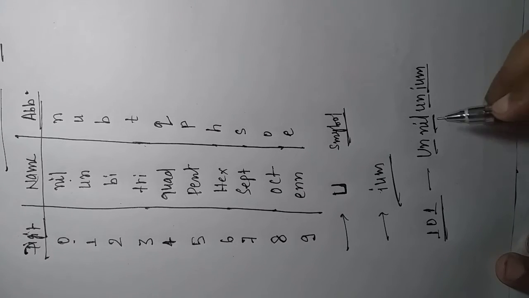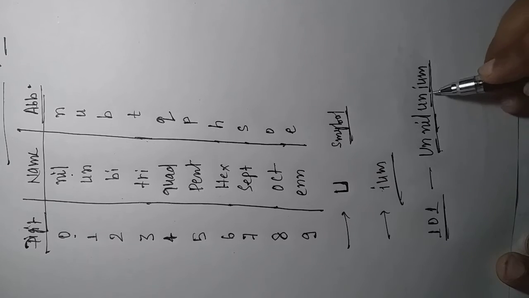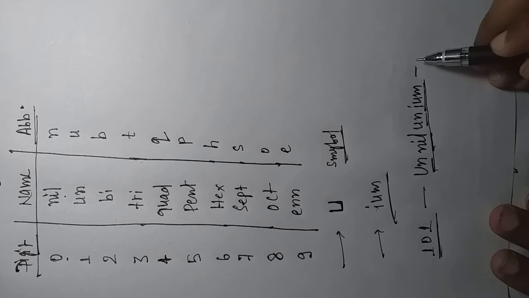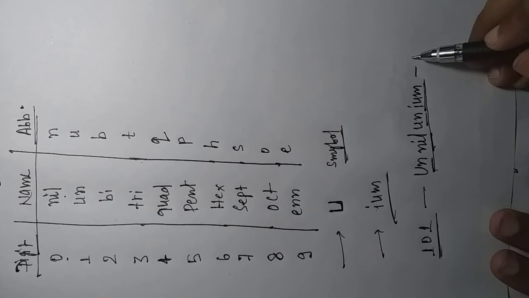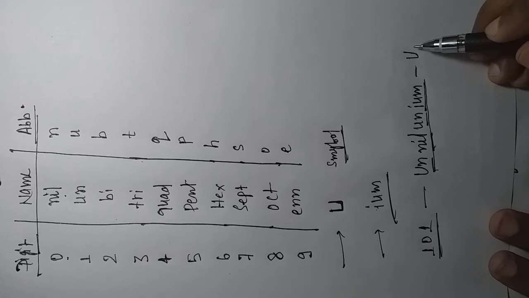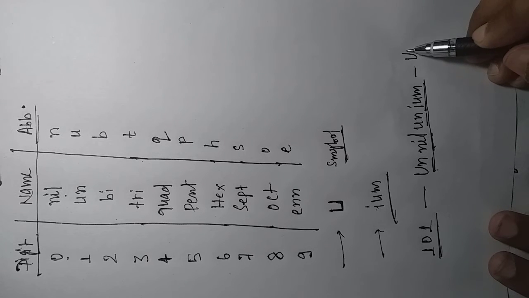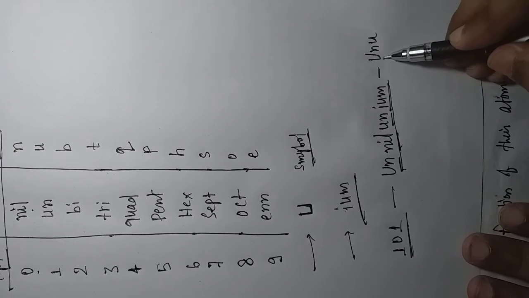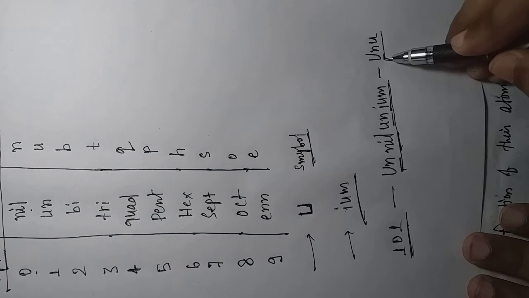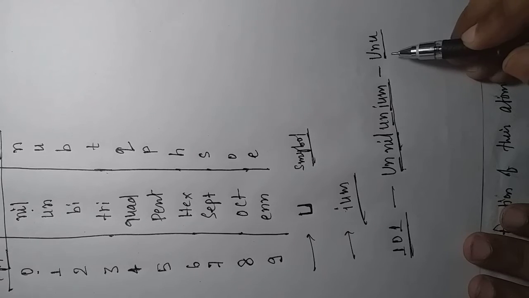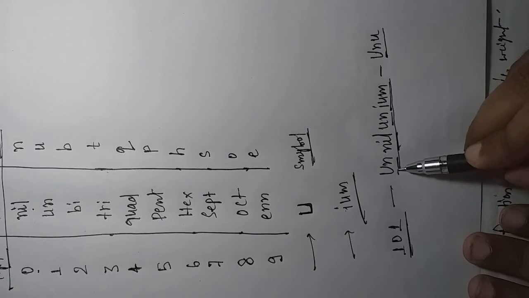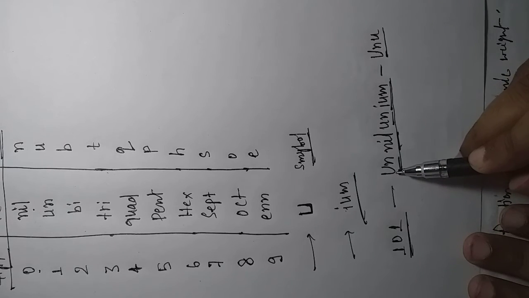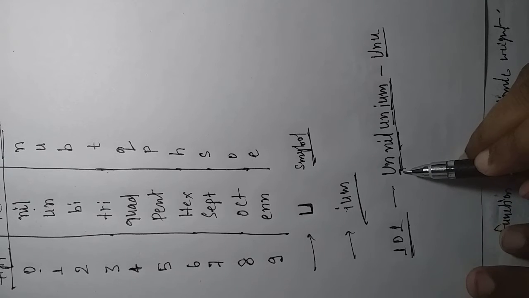Now whenever you write the notation, it is capital U, small n, and small u. When writing in symbol, we use the first letter in uppercase. When writing the name in words, the first letter is again always uppercase.